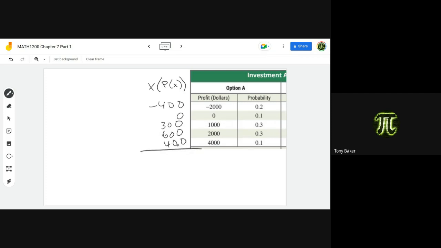Add them all together. Okay, so your expected value, if you invest in option A, would be a profit of $900.